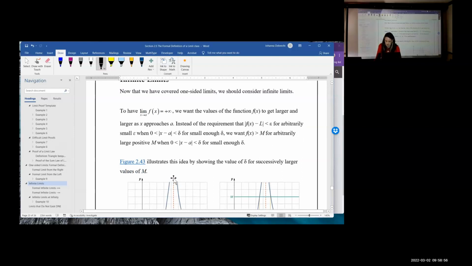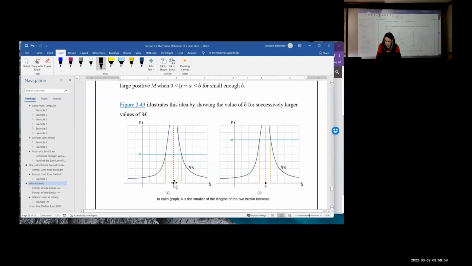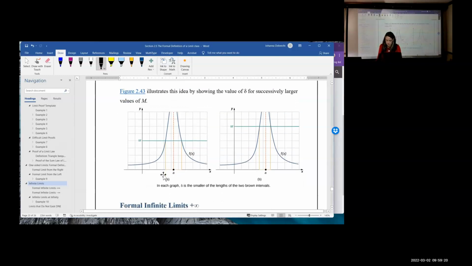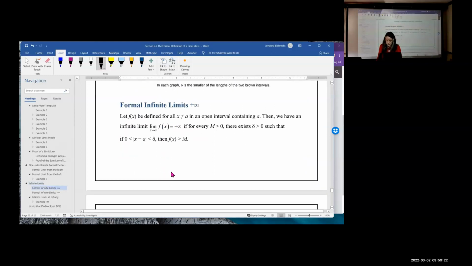So what he did was he made a requirement that you can get closer and closer to A. And if you get closer to A, then your value gets over some M value. It gets larger than some set M. And no matter what you choose, you can always make it get larger. If you can always make the y value get larger, then it must be approaching infinity. And that's the idea.